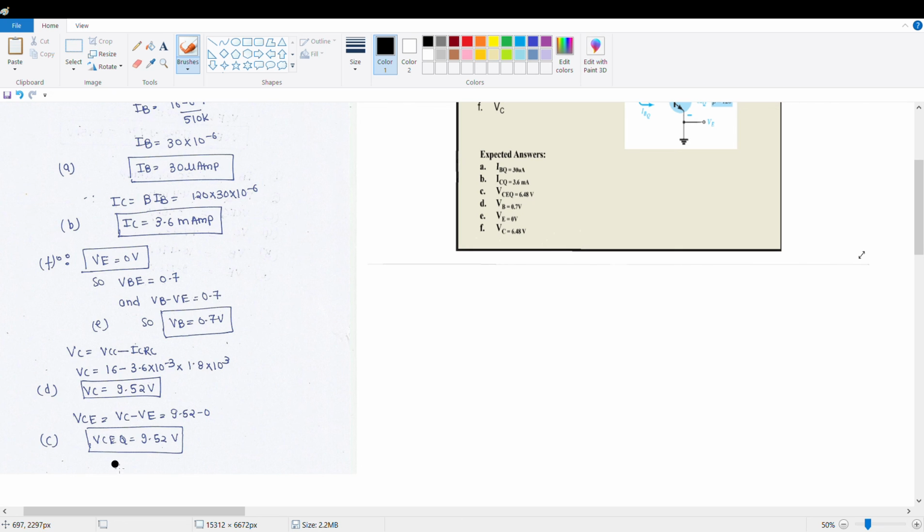So our VCEQ is equal to 9.52. Therefore, our VC and VCEQ, or the maximum collector-emitter voltage, are the same. So the one with the wrong answer here should be 9.52 volts.